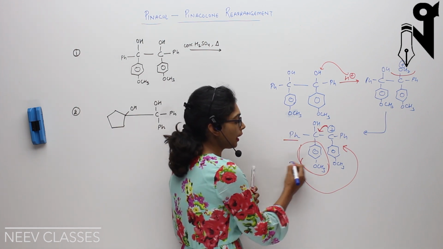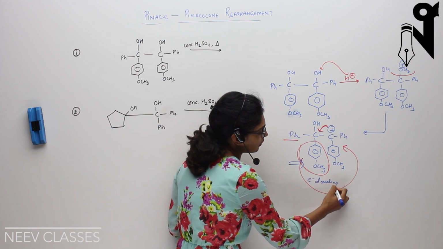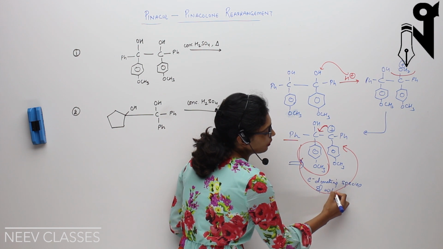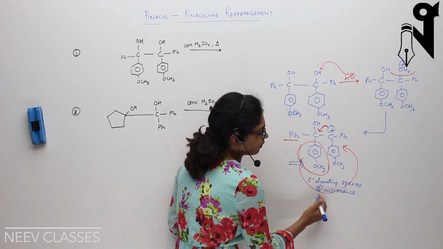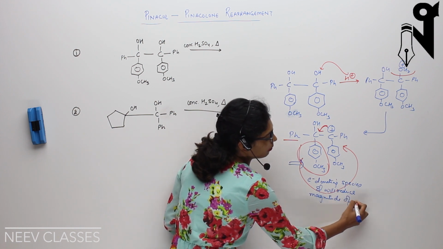Why is this shifting? Again, because this is an electron donating species and will reduce the magnitude of the plus charge.